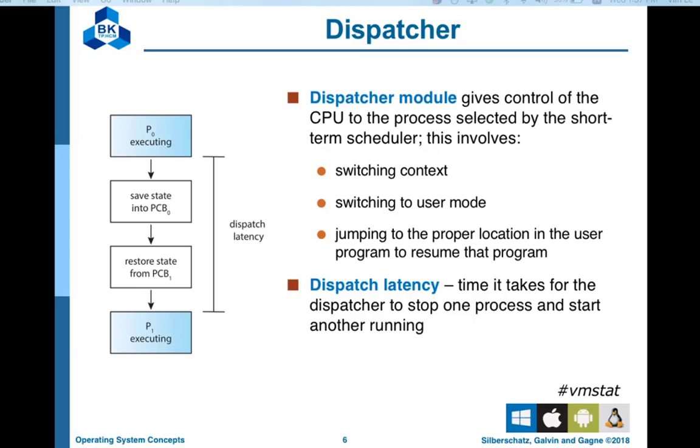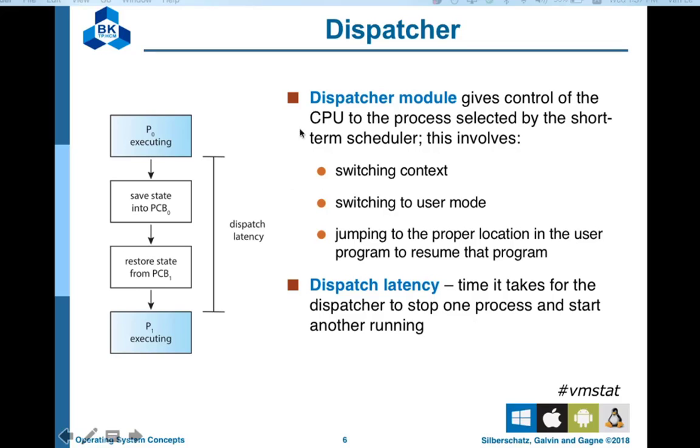And you see here, for example, P0 is executing. And now the CPU scheduler selects P1 to execute next. So first, we must stop, pause P0, and we must carry out a context switch.